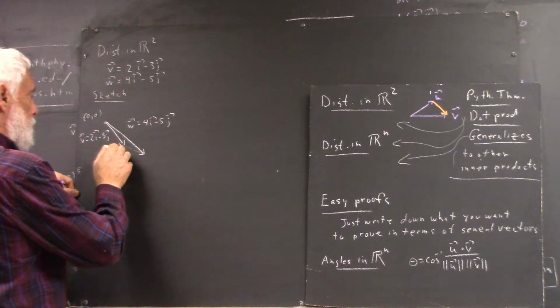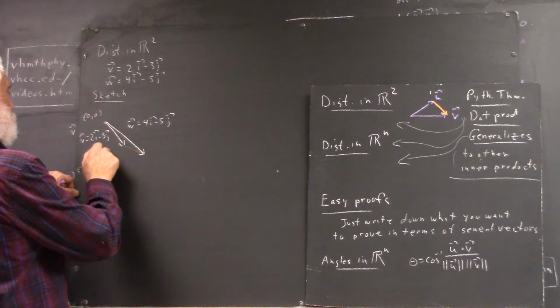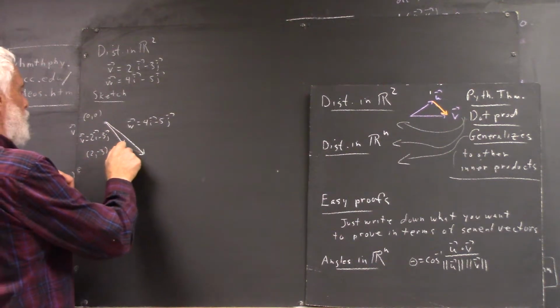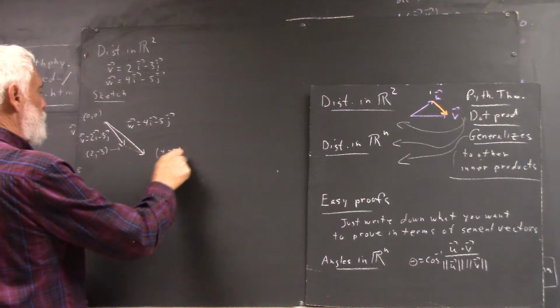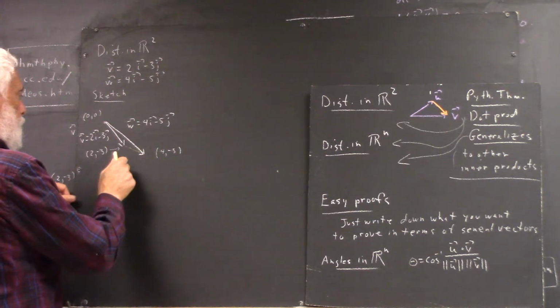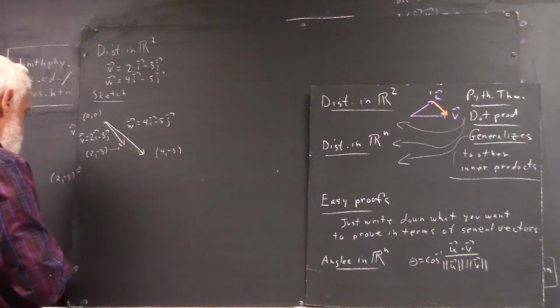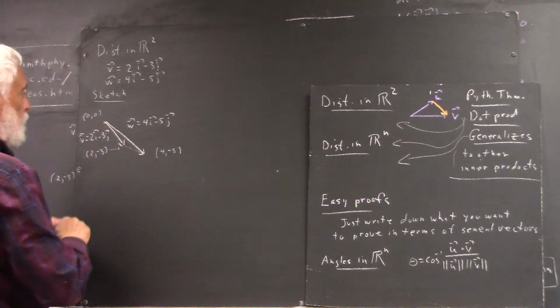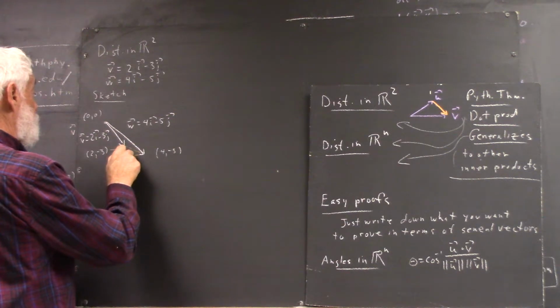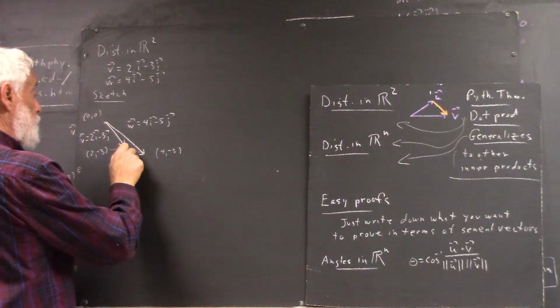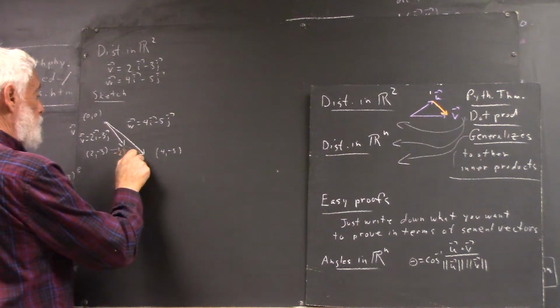Then the tip of this vector will be at the point (2, -3), and the tip of this vector will be at the point (4, -5), so that if you look at the rise and run between these points, you're going to see that this is -2 and this is 2 if you go from this point to this point.